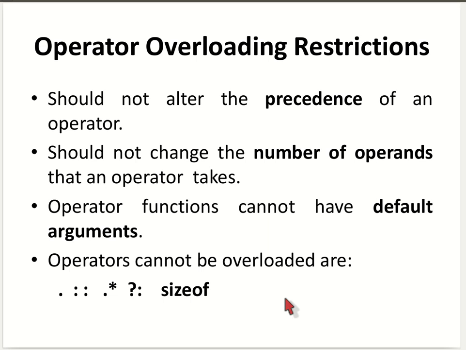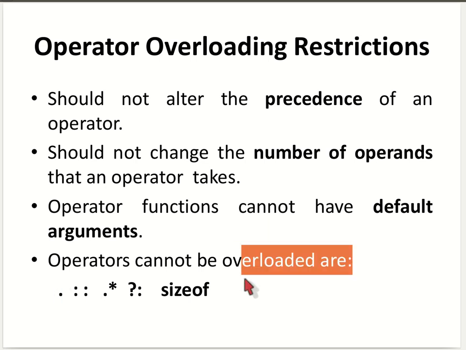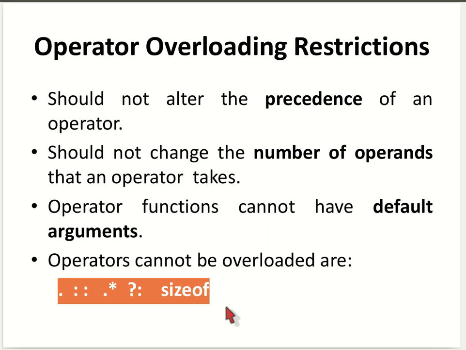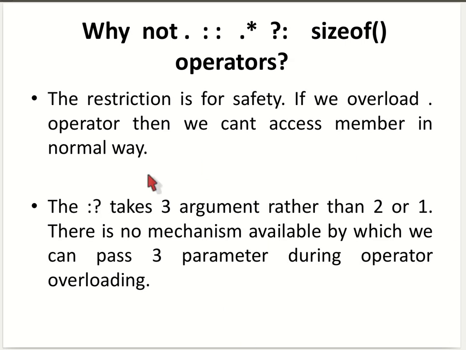If we are overloading this dot and all, it will change the meaning as well. That's why we cannot overload these operators. This is for safety. If you overload the dot operator, then we cannot access any member of that class in a normal way.